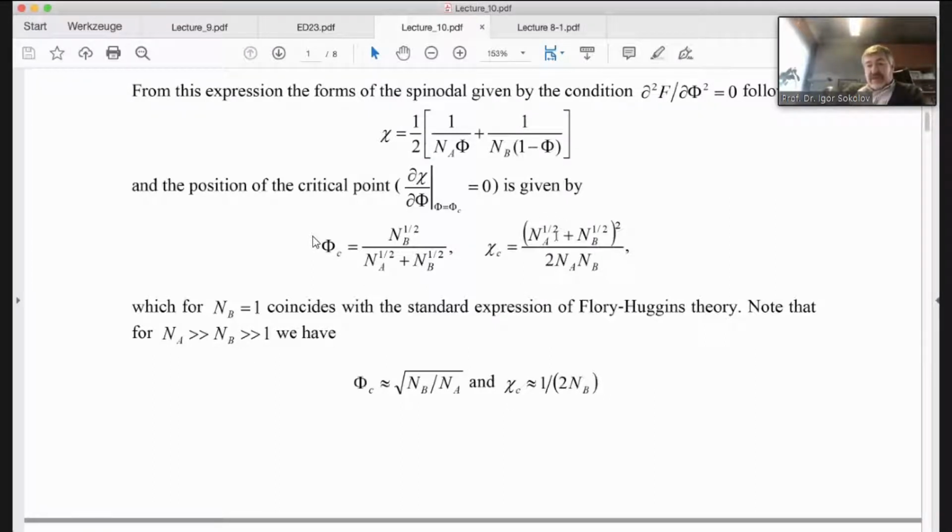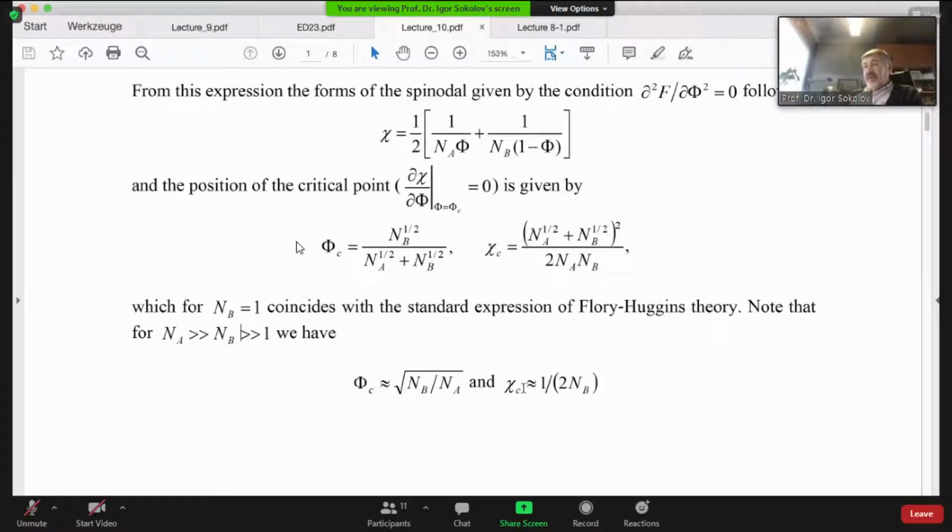Here only this term survives, and I get Na divided by twice Na NB. So chi c in such a solution will be equal to 1 divided by 2 NB, which means that the critical point approaches the theta line, chi equal to 0.